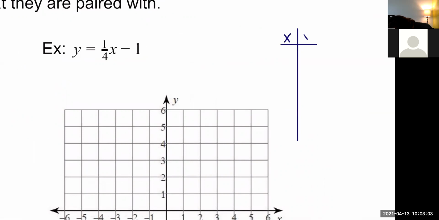Why not see what they do this time? So I'm going to use the -2, the -1, the 0, and the 1. The only thing that's changed now is the equation, which means even though we're plugging in the same list of numbers, what we get in return most likely will be different.